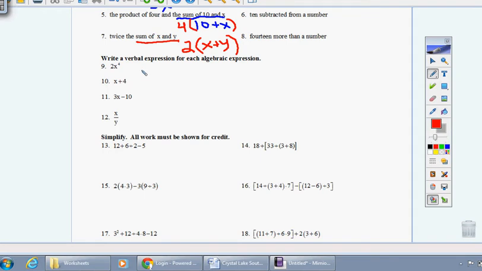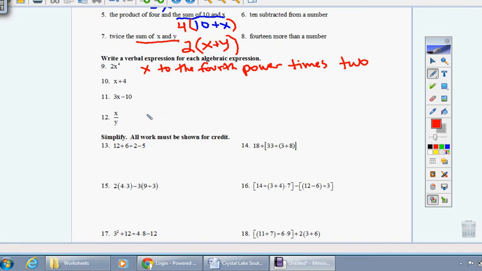So when it says 2x to the fourth power, well, one verbal expression that I could write would be x to the fourth power times 2. You could have also written the product of 2 and x to the fourth power. That would have worked as well.